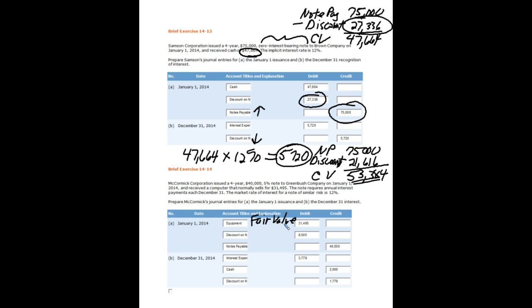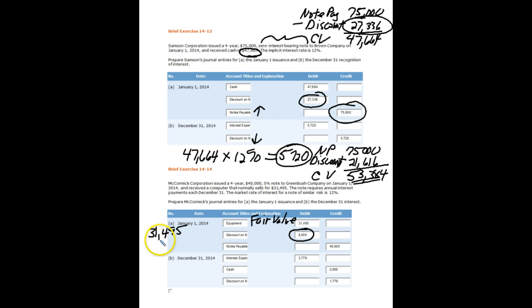So remember back in chapters 10, 11 and 12, we record long-term assets in an exchange at the fair value of whatever is received or given up, whichever is more reliable. So we know the fair value of the computer, and then the note, we put the face amount in that, and then we're plugging this difference to the discount. And so that note would have a carrying value of this $31,495.